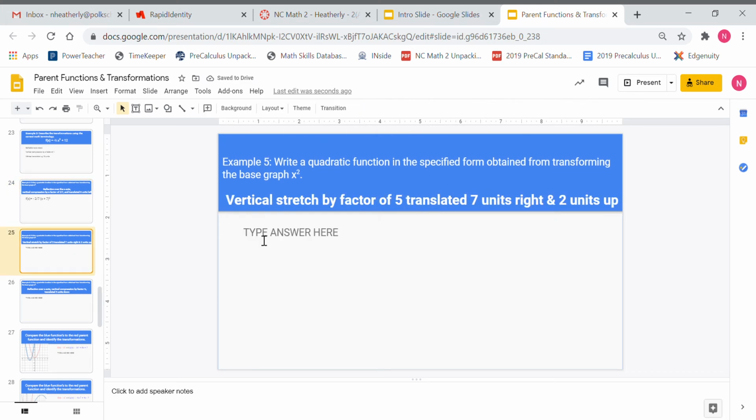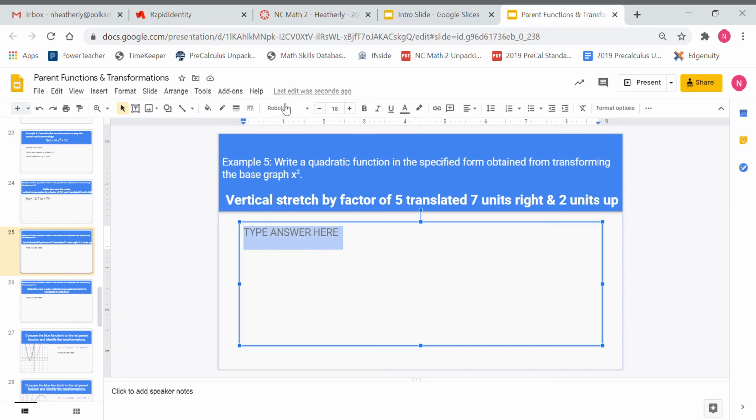If we look at the next example, I'll make mine a little bit bigger. Vertical stretch by a factor of 5, translated 7 to the right and 2 units up. So we'll start with our function. We don't have any reflection, so it'll be positive.